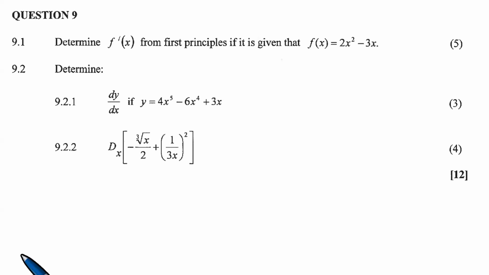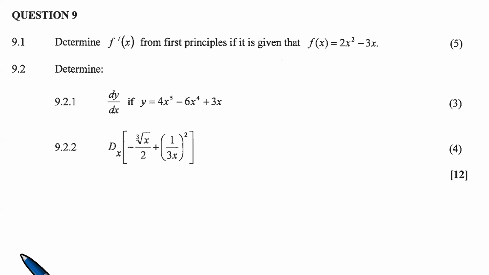So we're looking at question 9.1. We need to make sure that we answer these questions very, very carefully. 9.1 itself is certainly a very good question, but how do we answer the questions here in a step-by-step manner?